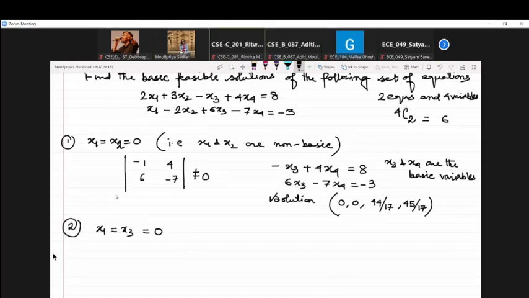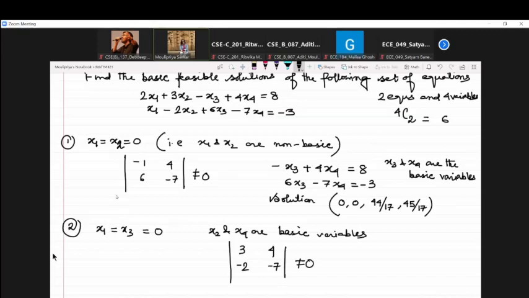Just tell me one thing, if x1 and x3 are regarded as non-basic, that would imply we are assuming x2 and x4 as the basic variables, and we are going to check if they are basic or not. We will be calculating the determinant comprising of the elements 3, -2 first column, 4, -7 second column, and this is definitely not equal to 0. So yes, it is basic. That's all we agree with.